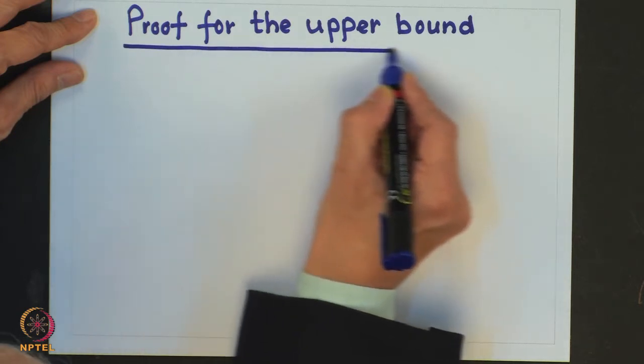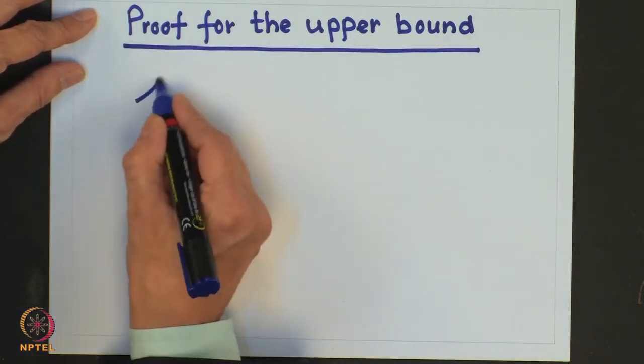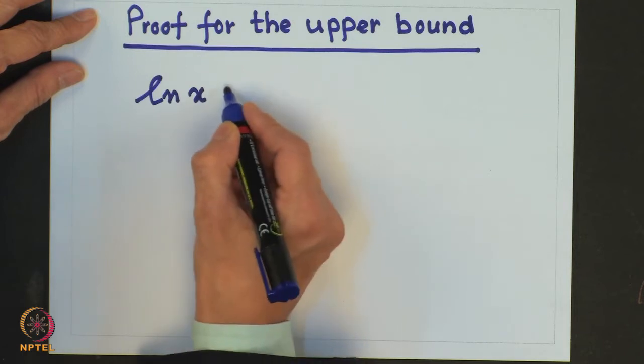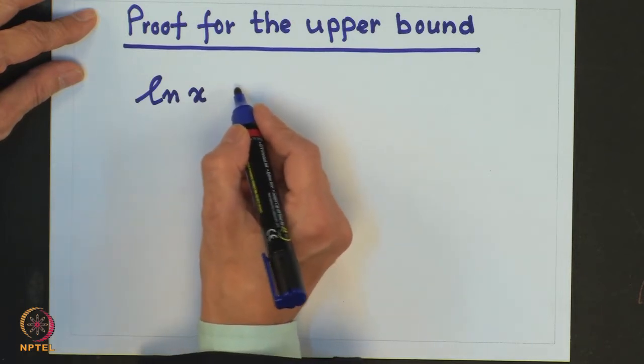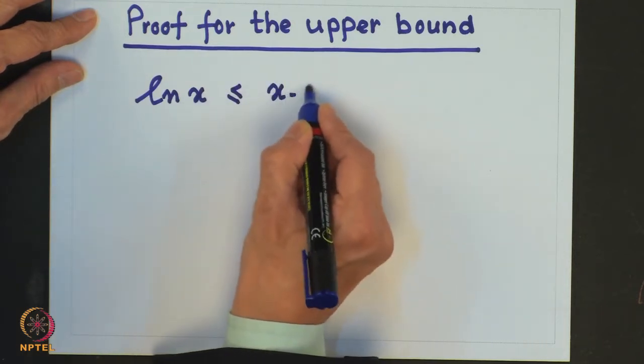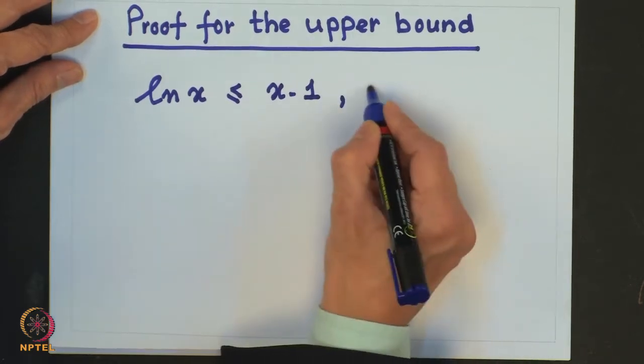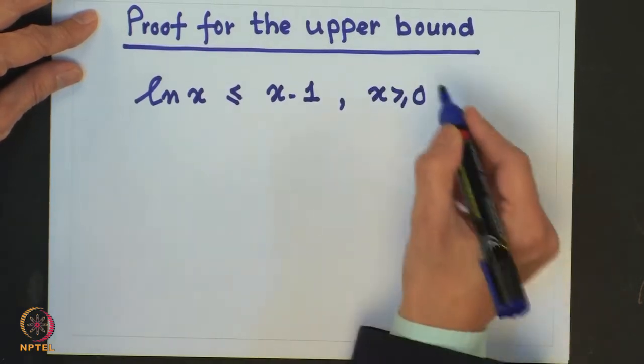So, proof for the upper bound: I will use the relationship log x is less than or equal to x minus 1 for x greater than or equal to 0.